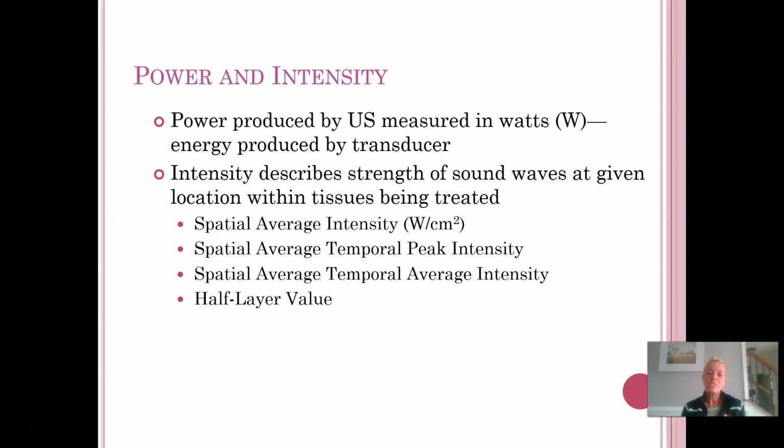There's a spatial average temporal average intensity. That's a mouthful, but that is basically saying it's averaged over time. And then the half layer value is, again, the energy that the patient's receiving at about half the total depth of treatment. There's not a lot that we really do as far as calculation of that goes.